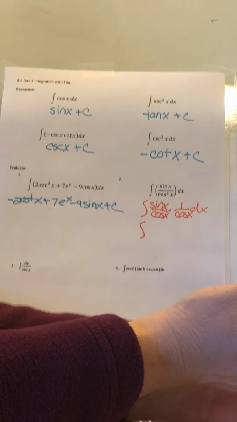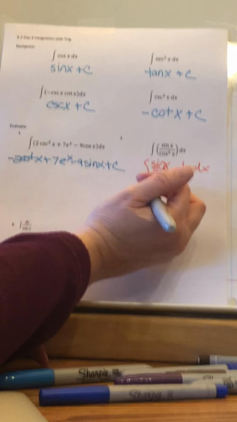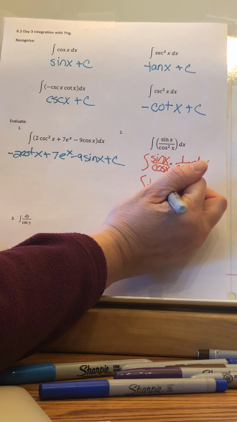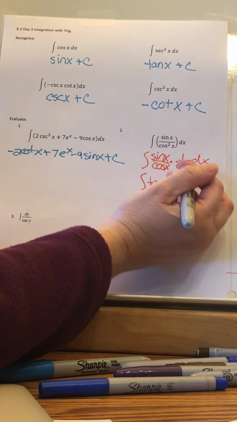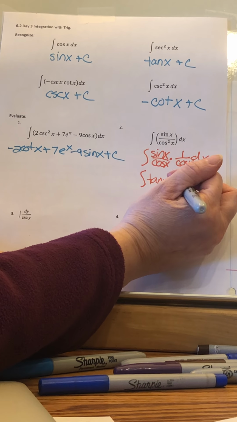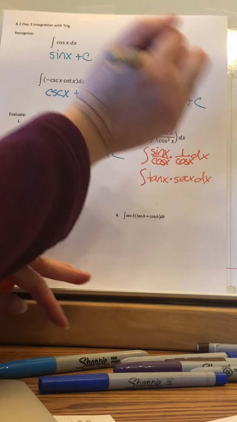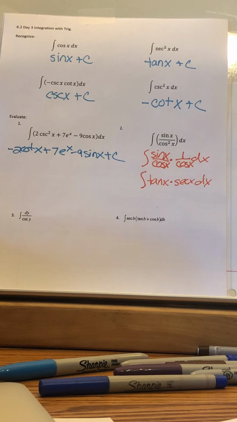Okay? So sine over cosine becomes, memory recall, tangent of x times 1 over cosine is secant of x dx. Now I looked at my list.